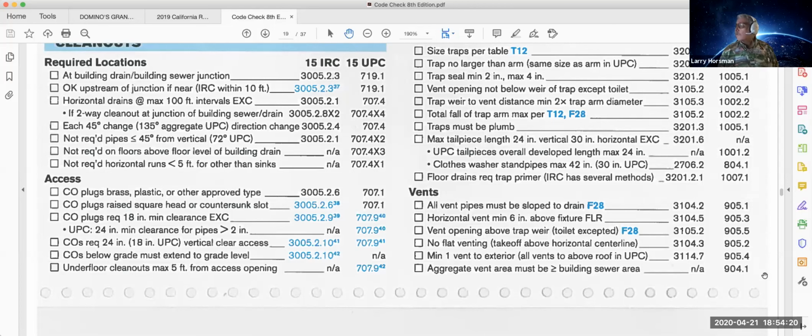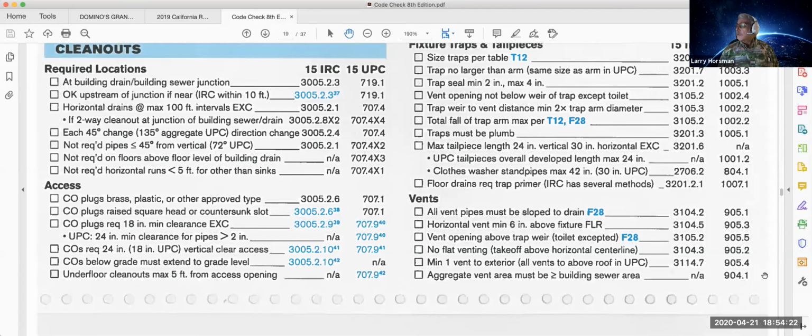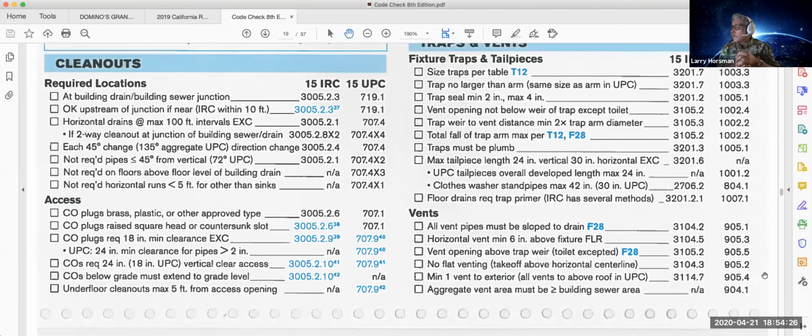So in order for the water to flow, we also need some vents and fixture traps and tail pieces. We talked a little bit about the traps and the trap sizes, table 12. The trap seal, which is from the bottom of the trap to the overflow weir, has got to be a minimum of 2 inches and a maximum of 4 inches.